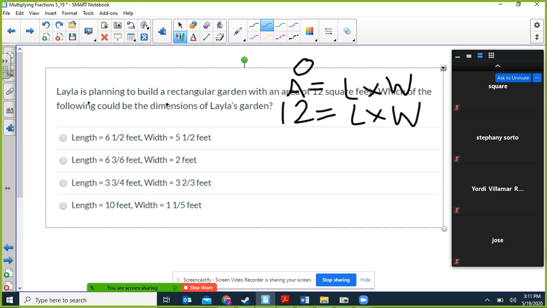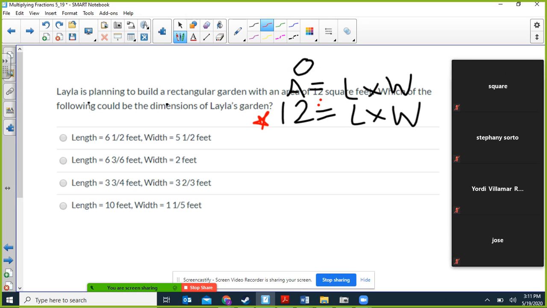We know area is length times width. We know the area must equal 12 because that's what it says in the problem. So the first possible answer says length is 6 and a half feet, width is 5.5 feet. Is my area going to be more than 12 feet in that first choice?